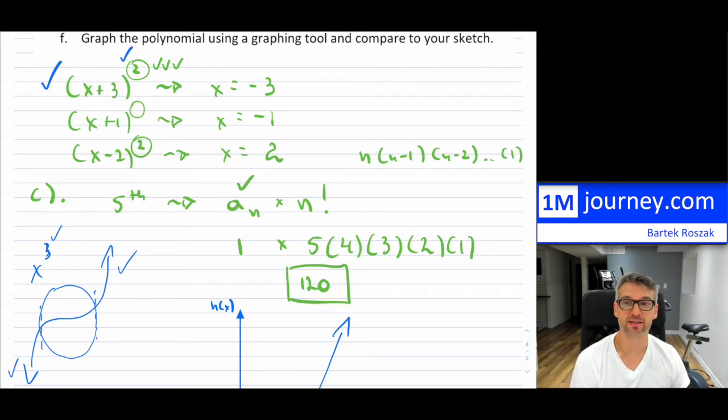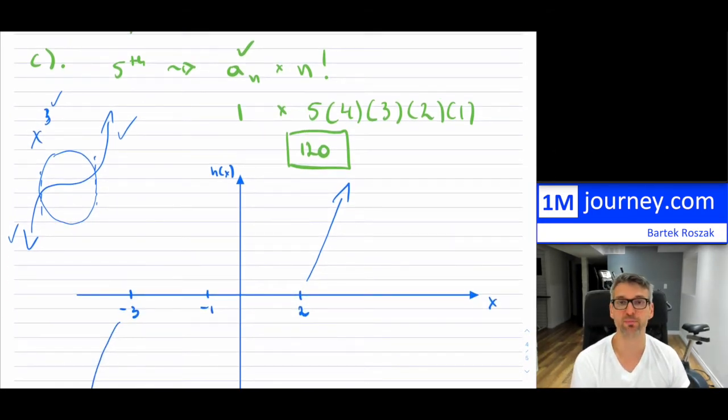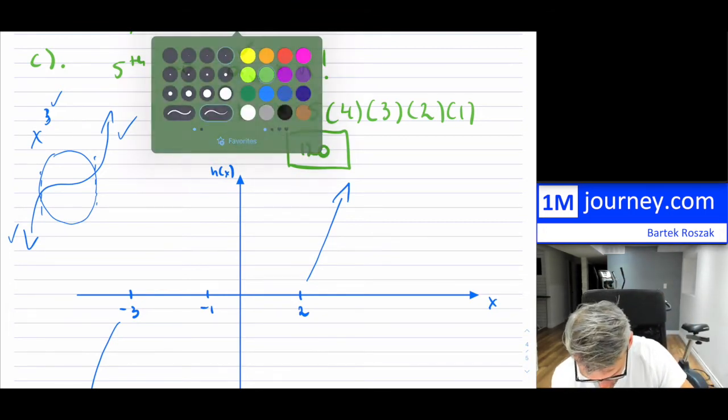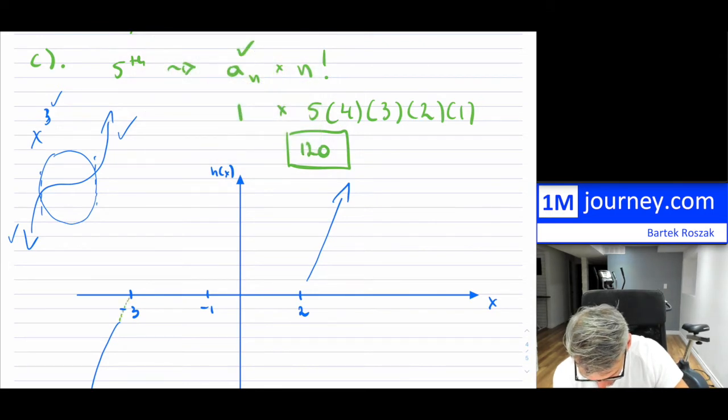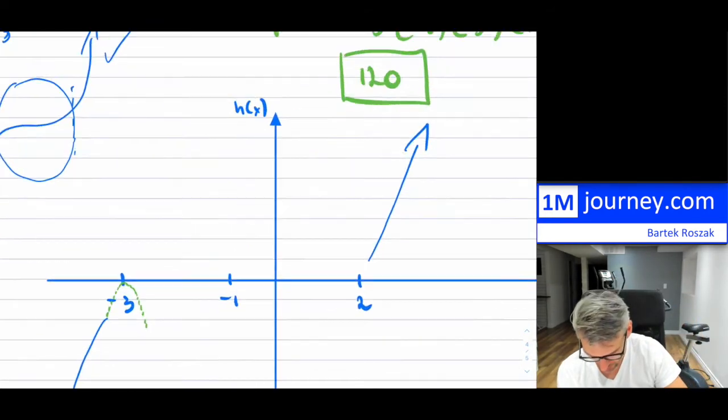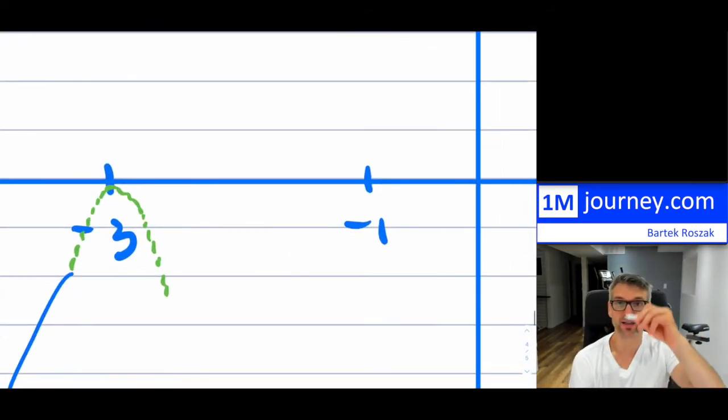What that means is that around that touching at -3, it's going to replicate a parabola, because it's of the second order, meaning it's replicating a quadratic. So as it comes closer, it's going to kind of bounce off like this. Around that -3, if we were to zoom in here, it looks kind of like a parabola.